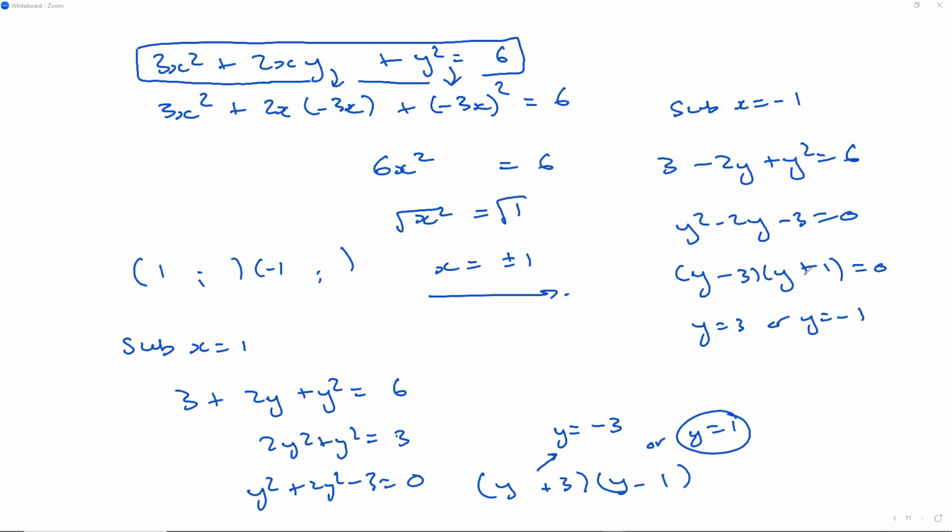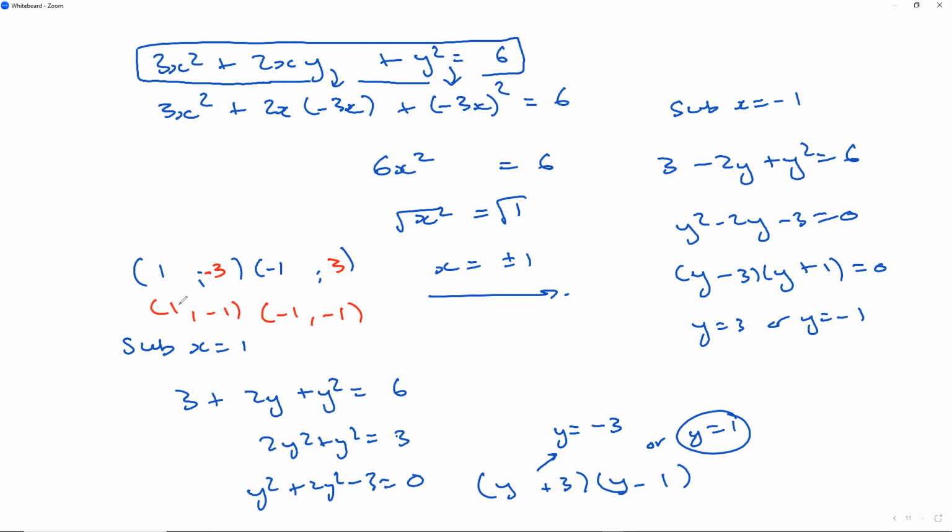So we want to find the coordinates of the two stationary points. We actually have quite a few points here. In the first case, we can have 1 and 3, or we can have 1 and negative 1. And in the next case, we have negative 1 and 3. We can also have negative 1 and negative 1 as components from here. This is actually negative 3 over here.